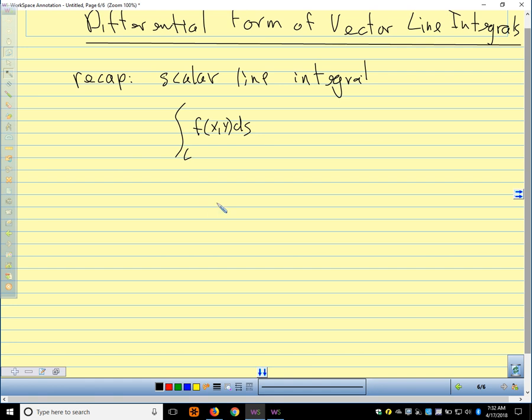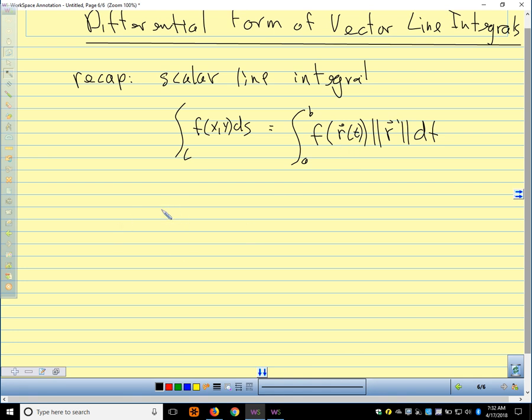We interpreted this as multiplying some function times the length at each point along the curve. We evaluate this by doing the integral from a to b. We express f in terms of our parameterized curve, f of r of t, times the magnitude of r prime dt, where our curve is represented by this vector valued function.